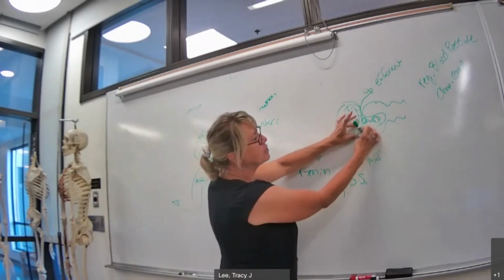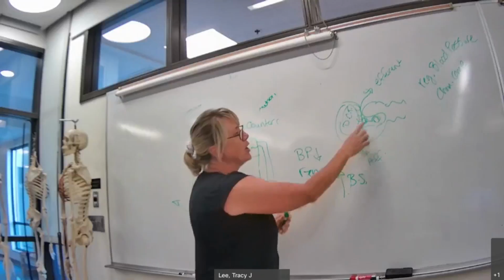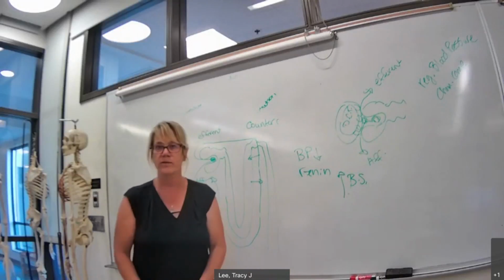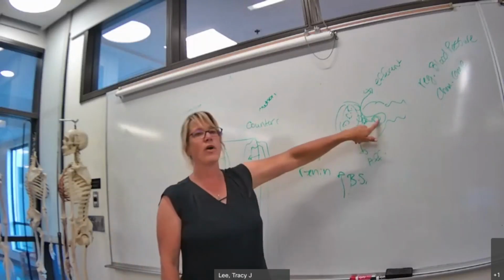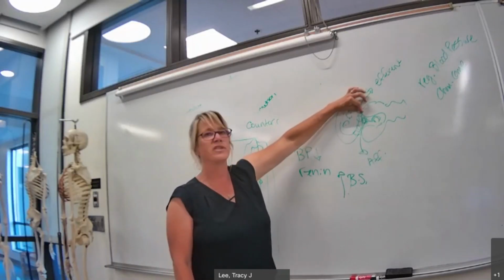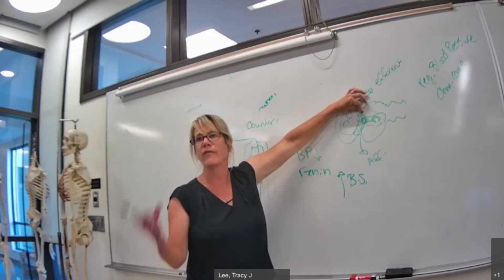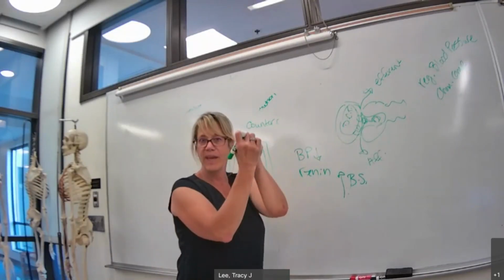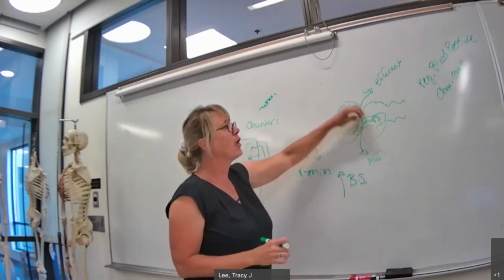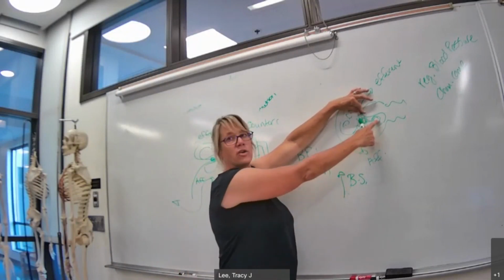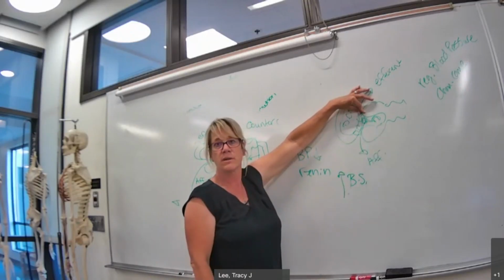Well, you can see I kind of have this little pinching system right here between my distal convoluted tubule and my renal corpuscle. So if I need the pressure to be higher in my glomerulus, one thing I can do is pinch off this side, not pinch it off, but compress it. I can make it constrict. I can make it smaller. So if I constrict this and make this smaller, is that going to increase my hydrostatic pressure in my glomerulus?